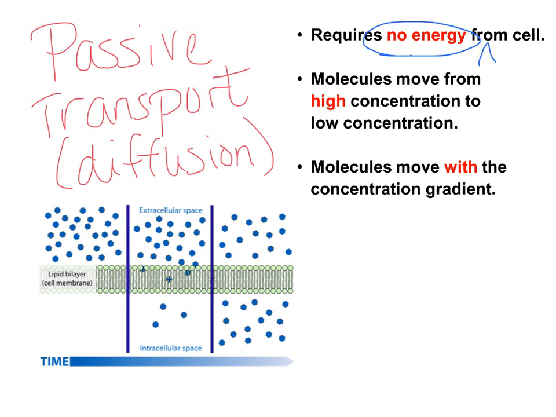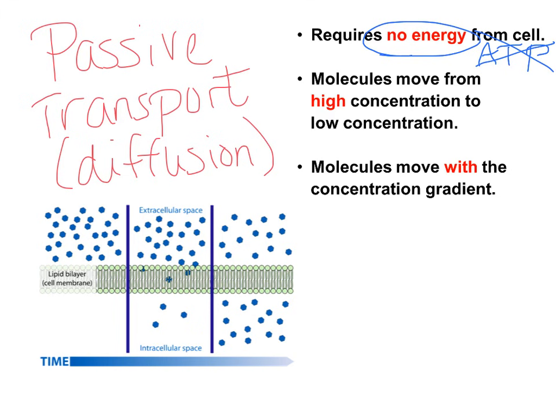Our usable form of energy, remember, is ATP. So passive transport is not going to require the production of any ATP. So if you have a cell that's doing a lot of passive transport, they wouldn't have the need, for example, for a lot of mitochondria. Remember, mitochondria make a lot of ATP, and they would not require ATP to be able to transport things.